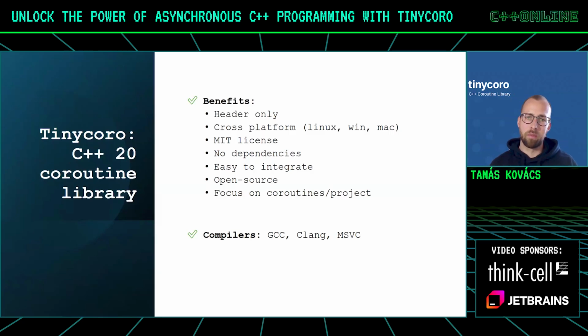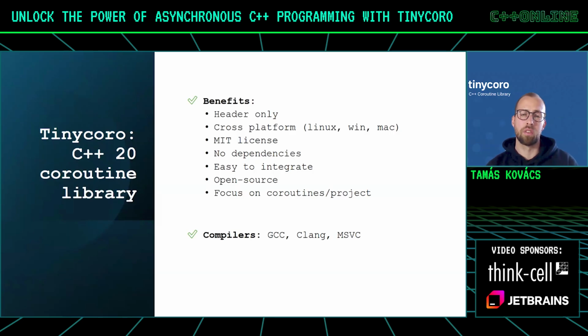You can play around with them easily and learn and get to use these three new keywords in C++: co_return, co_yield, and co_await. Compilers: GCC, Clang, MSVC. I think GCC 11 to 14 is running on the pipeline, Clang from 14 to 19, and for MSVC, I believe it's 22.